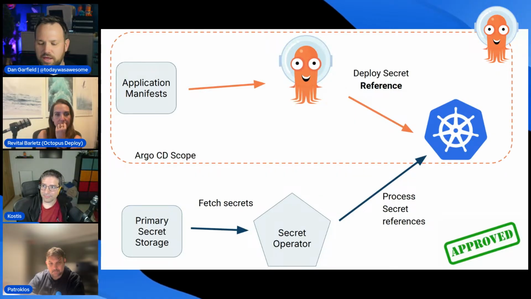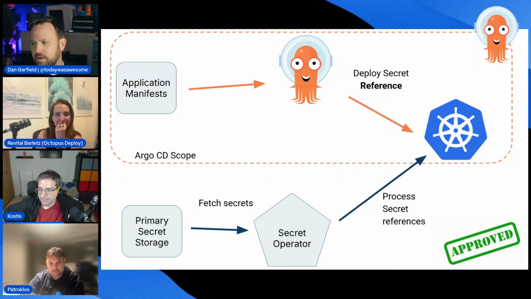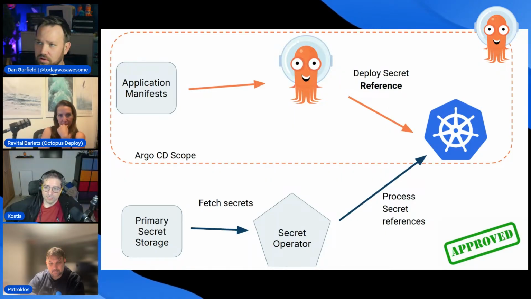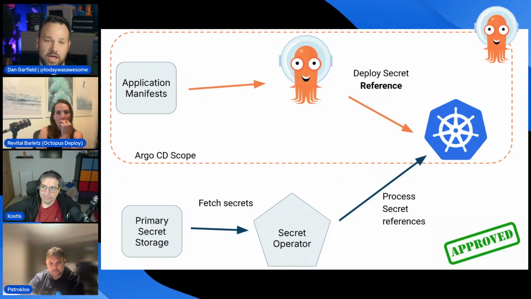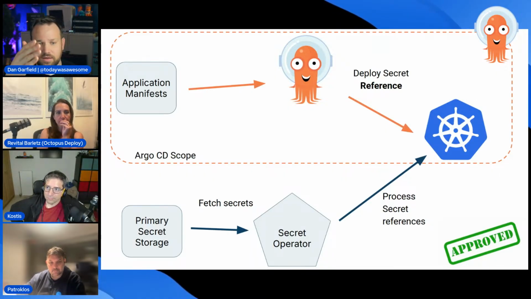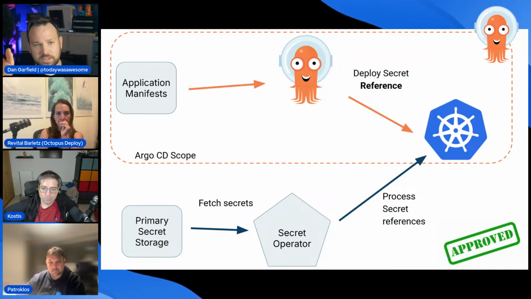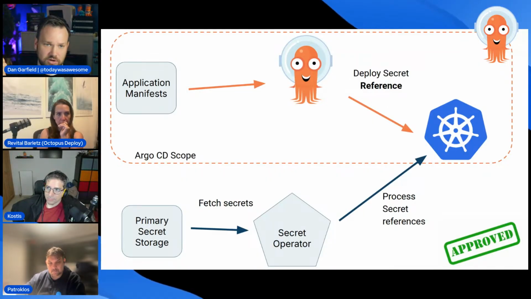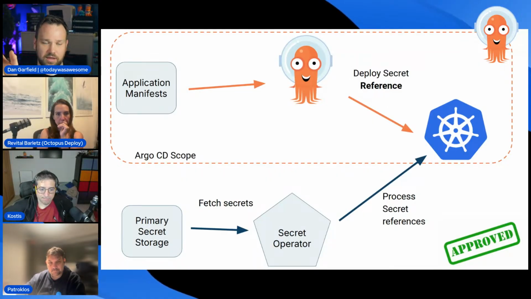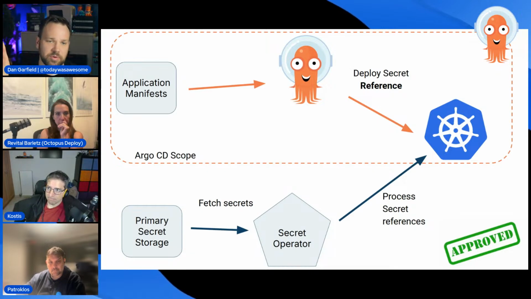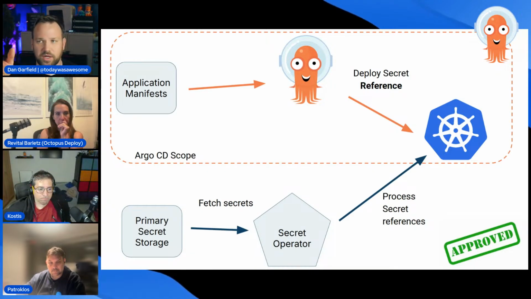I think to play devil's advocate here for a second, if I'm using the Bitnami Sealed Secrets controller, I'm encrypting the secrets and then committing them to Git. And then the secrets controller will take those secrets server side, decrypt them, and basically just create a Kubernetes secret that then gets mounted afterwards, right?